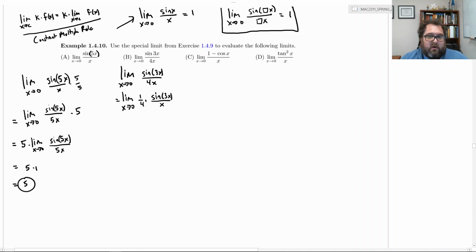Dividing by 4 is the same thing as multiplying by 1/4. But what can we do with a 1/4 constant multiple? We can factor it out.